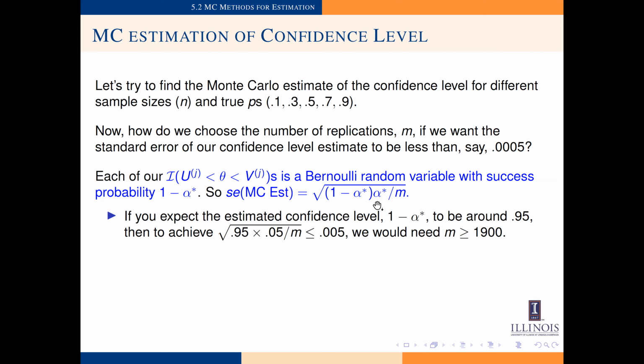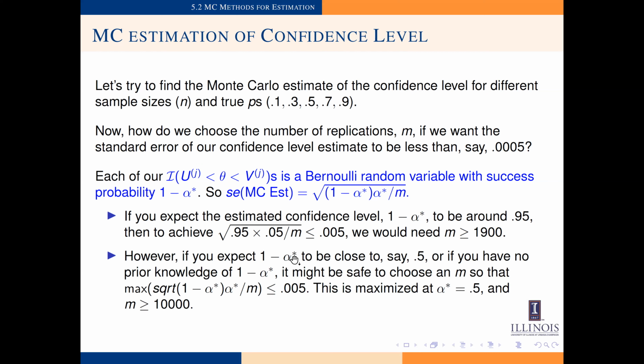However, alpha star is the thing we're trying to estimate, and sometimes we cannot be so sure what value it is around. So if you expect your confidence level to be around 0.5, or you have completely no prior knowledge about what the true confidence level is going to be, then it might be safe to choose an M that is more conservative.